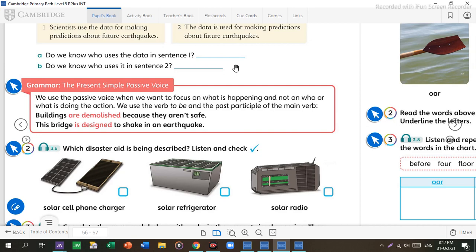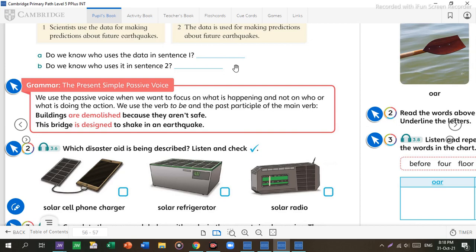In this sentence, buildings are demolished because they aren't safe. We don't know who did it or what did it. It doesn't matter. What we want to know is what happened to the building. That's why we use the passive voice. It is in the past tense. It is also in the perfect tense.